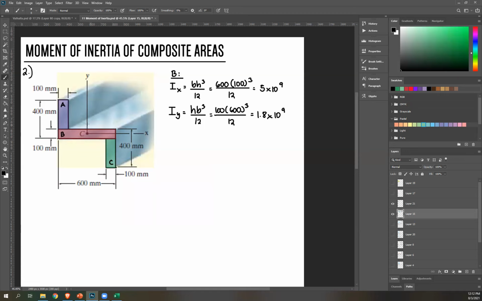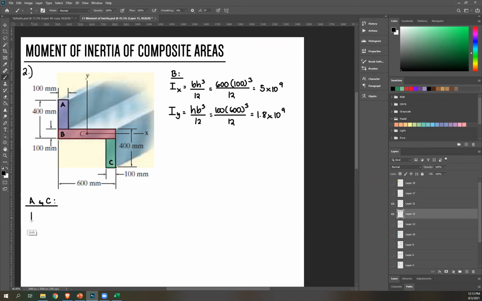Same thing, they're also equidistant from the x-axis. Okay? So also that means they're gonna have the same moment of inertia about the x-axis. They're basically at opposite ends of each axis. So meaning I can just solve this as a whole. So for both A and C, Ix, Iy are the same.